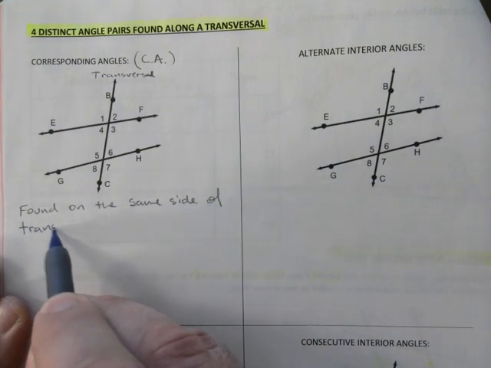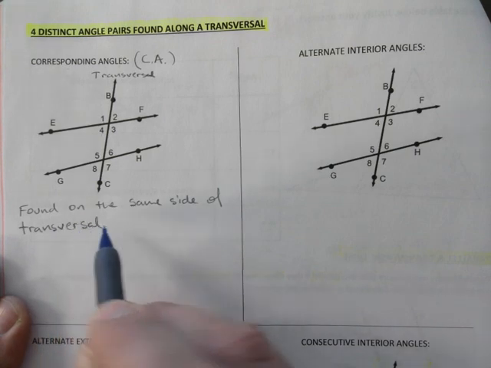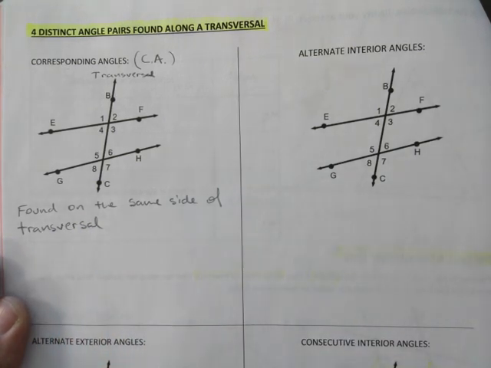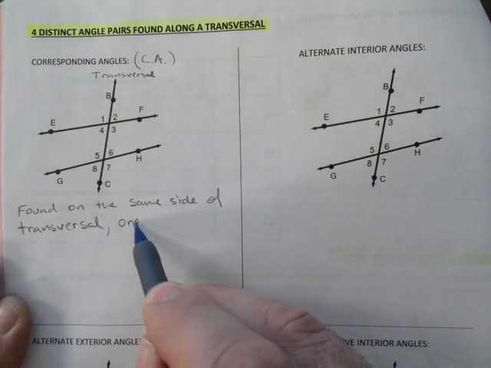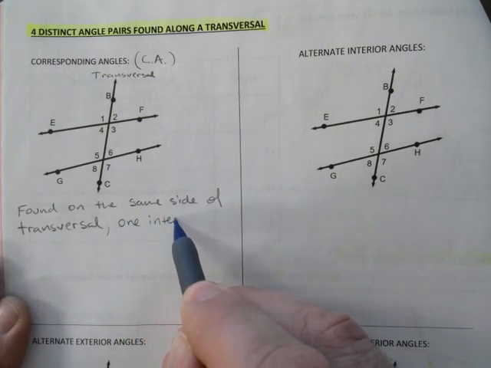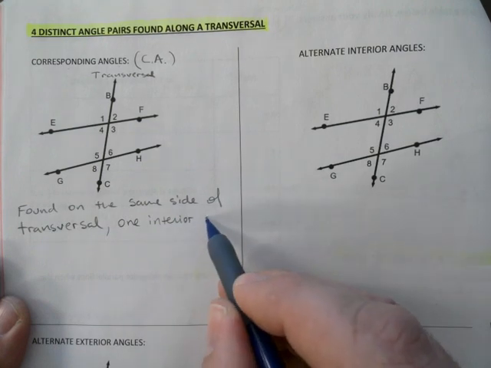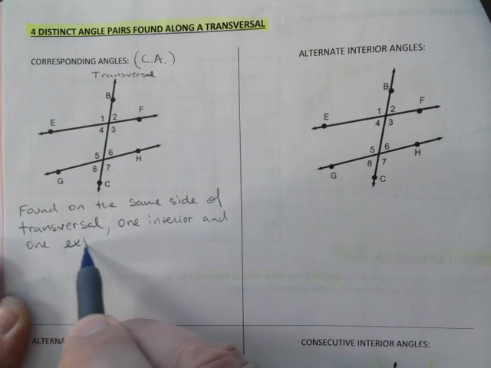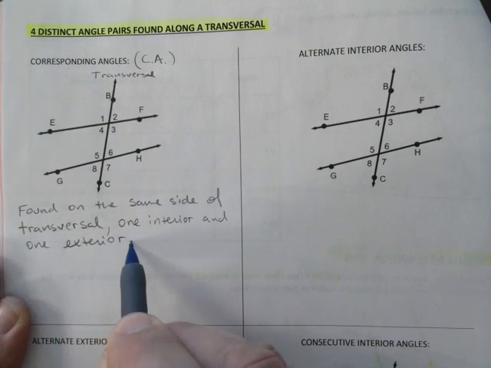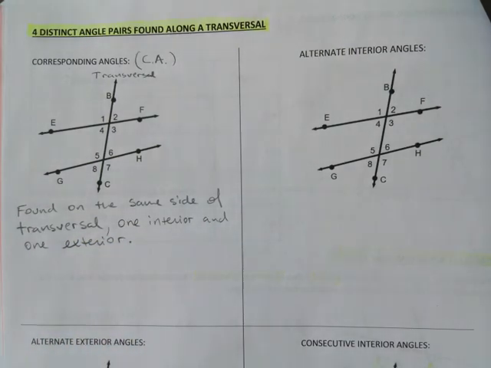I'm giving you a summarized version of this. Same side of the transversal, comma, one interior and one exterior. This is a very summarized version of what I'm about to show you.